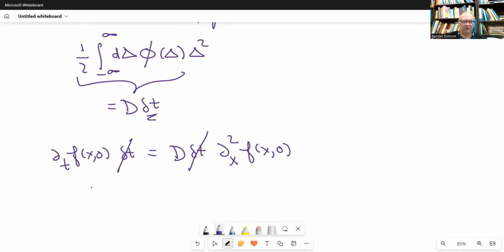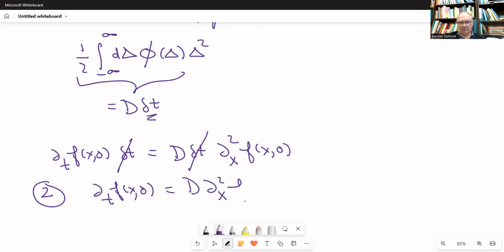So let's just go along with this now. We get our Einstein diffusion equation, E2. We have d by dt of f of x0 equals D times the second derivative.